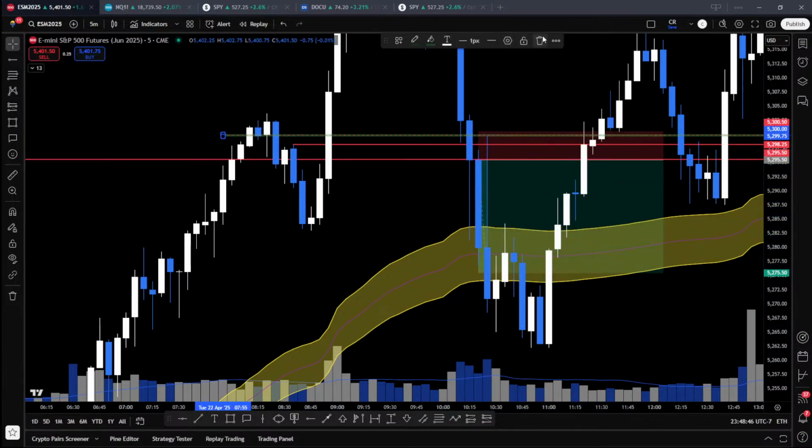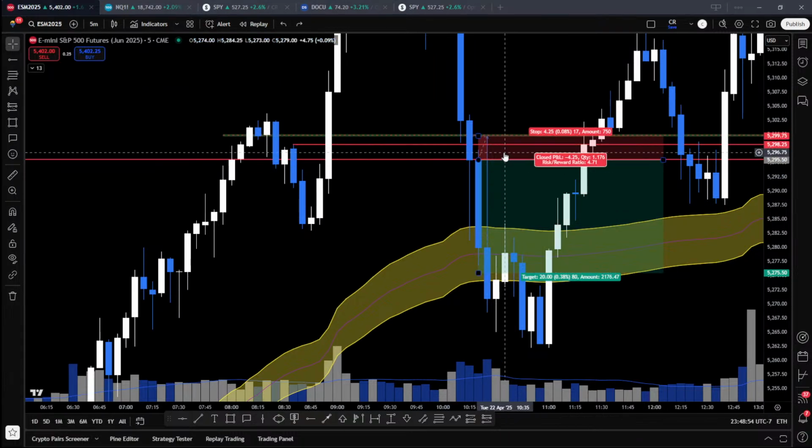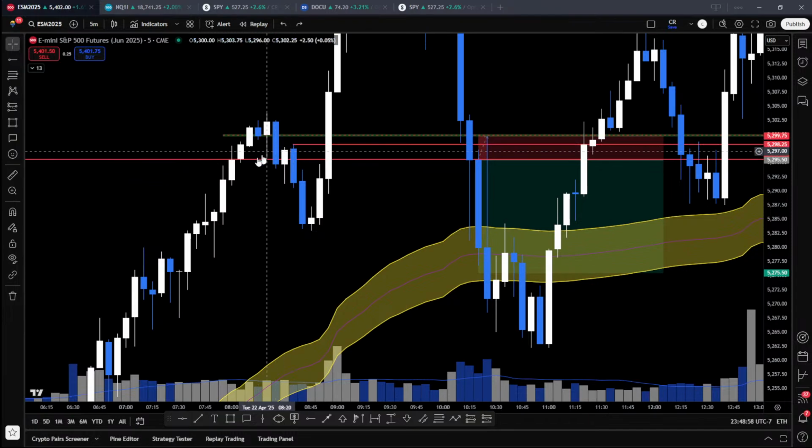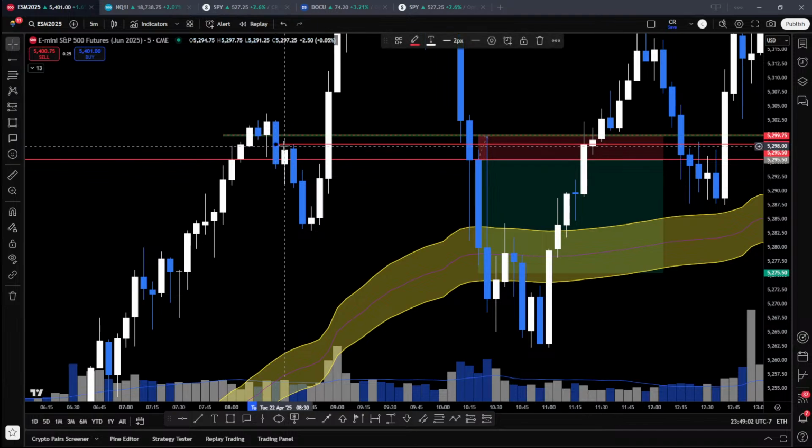If your stop loss is here, and you got stopped out, I would understand. We're saying we want our stop loss above these wicks here, right?